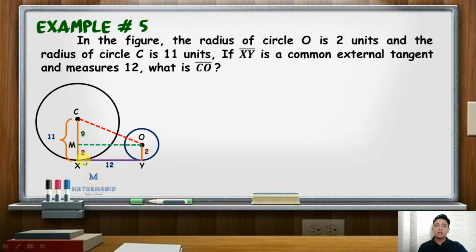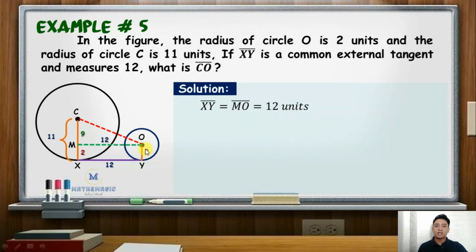Likewise, since we are able to form a rectangle, segment XY is congruent to segment MO. Thus, it is also 12 units. Now that we have sufficient information, we can now solve the length of segment CO using the Pythagorean Theorem. The equation will be the square of segment CO equals the square of segment CM plus the square of segment MO.